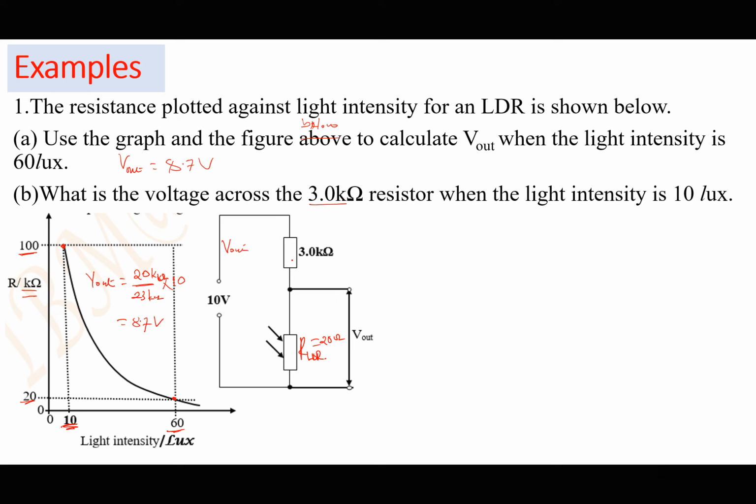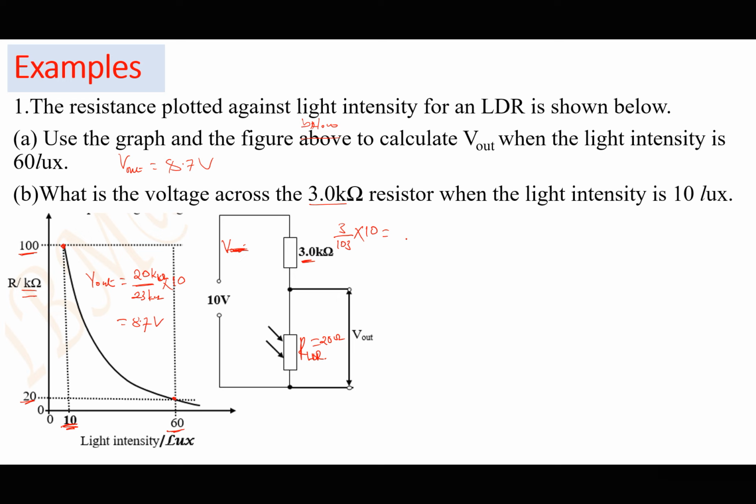So I can still use the potential divider, but I want a V out across 3, not across the LDR. Part A was across the LDR, but this is now across 3. So I'll say 3 divided by, at 10 lux, the resistance of the LDR is 100 kilo ohms. So it is going to be 3 plus 100, which is 103 kilo ohms. Then times the voltage supply, which is 10.